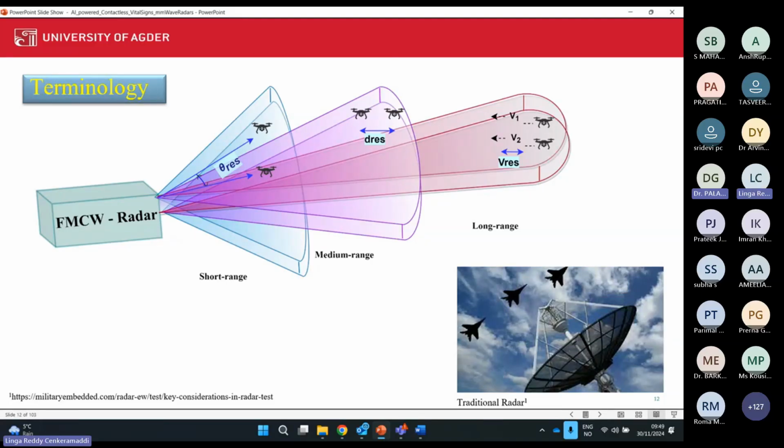But when the radar became very small in size, when we moved on to the millimeter wave range, the radar became very easily available for civilian applications such as automotive, industrial, and medical applications. So that is the reason now it is much easier.